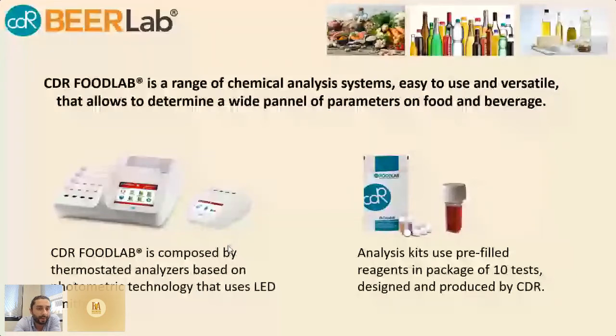We produce both parts: the analyzer and the reagents as well, which are pre-filled in cuvettes. After this short presentation, just 30 minutes, we are going to show an example of analysis, changing the camera and showing how easy it is to use this system.